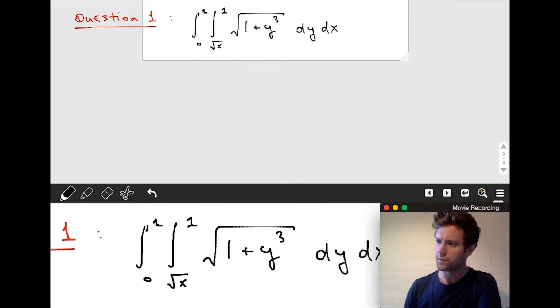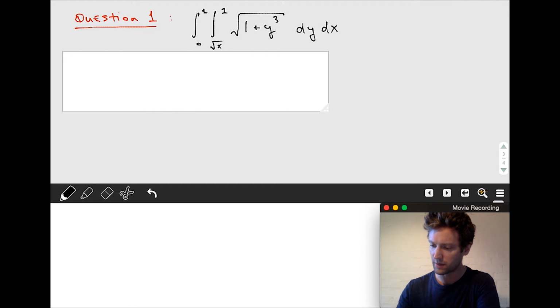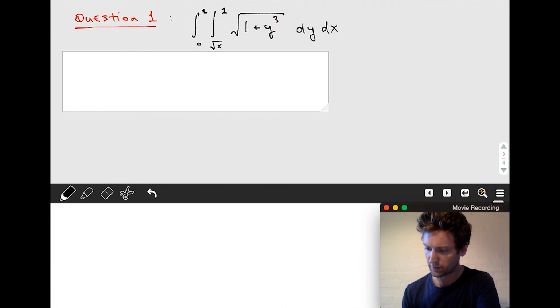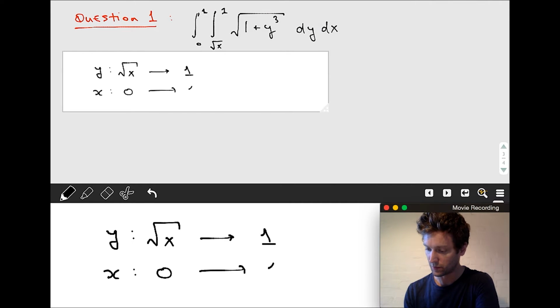So what we're going to do first of all is write down what the limits of integration are by just reading them off our integral. The limits of integration for the inner integral, that's the first integral with respect to y, is y going from the square root of x to y going to 1. And our outer integral, x, has limits 0 to 1.